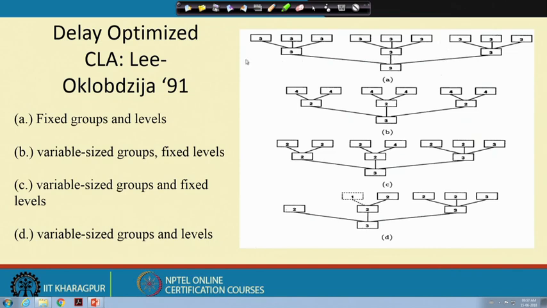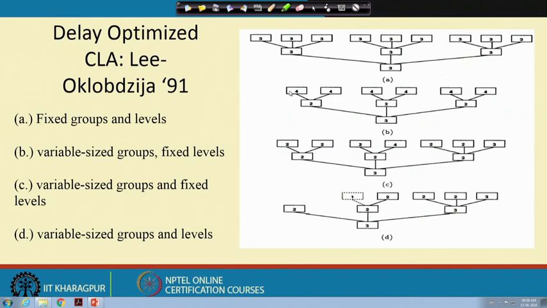This is one structure, where each level follows the same number. Next is variable size groups, but fixed levels. Here at the first level there are 4, in the second level there are all 2, and in the third level it is 3.